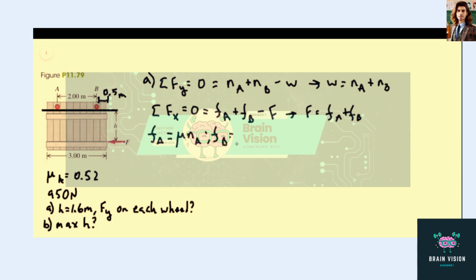And similarly for B. So this lets us find the force being applied is the coefficient of friction times the sum of the normal forces. And we know that the sum of the normal forces is the weight. And so putting in our numbers there, we get 494 newtons.